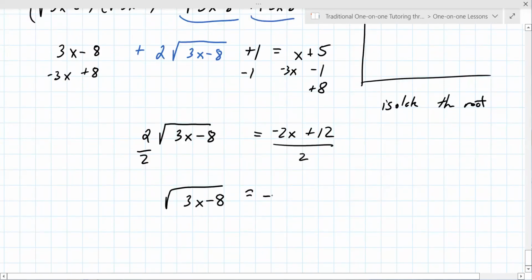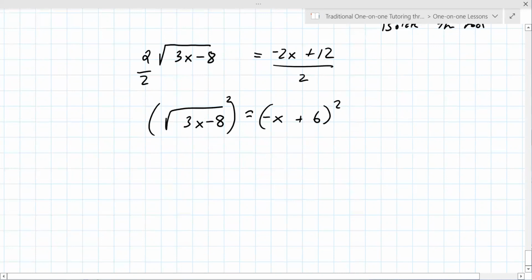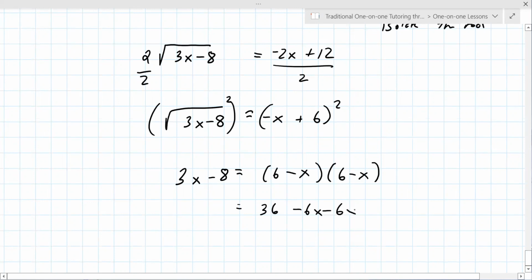Okay, so this is minus x plus 6. And from here, you square both sides. And you're like, wait, more? Yeah, there's more. 3x minus 8 on the left. And then to FOIL this, I'm going to just switch the order: 6 minus x, 6 minus x. You get 36 minus 6x plus x squared.